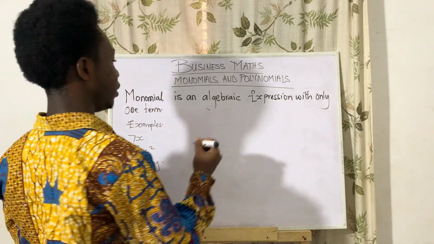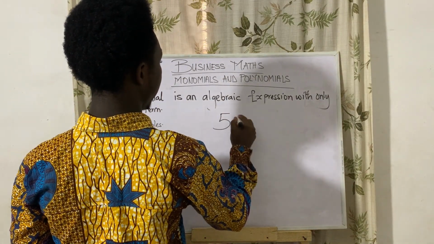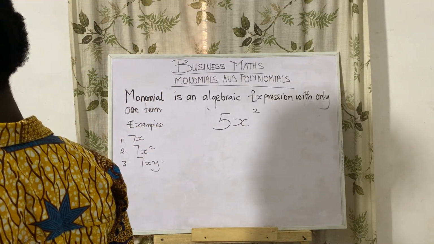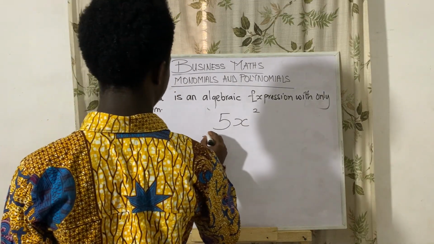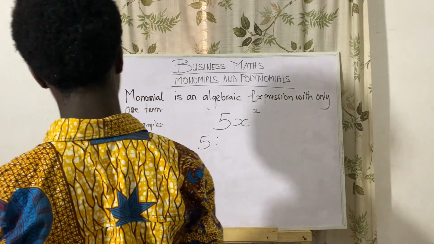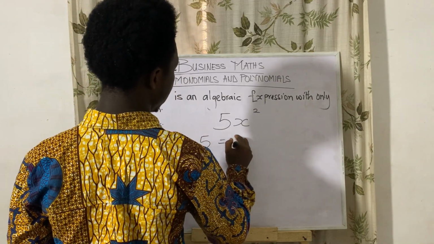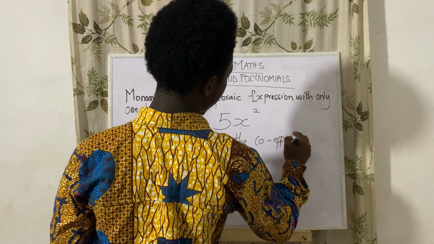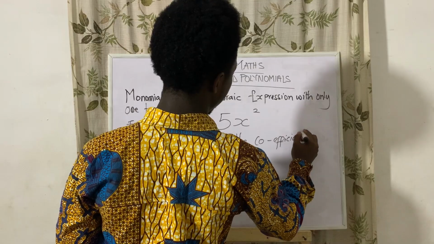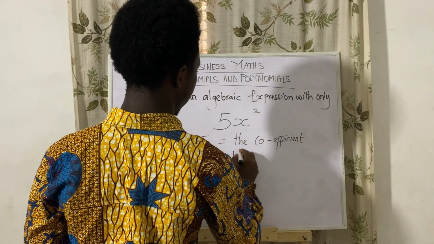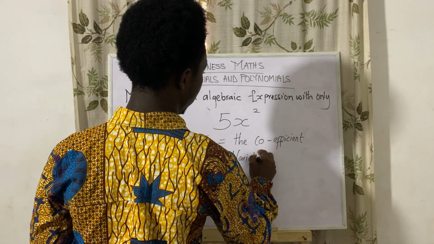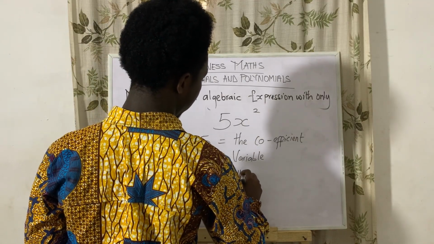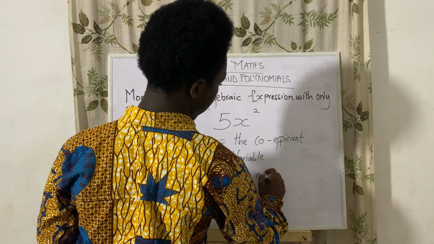Now let's look at this. We have 5x raised to the power 2. Over here, the 5 becomes the coefficient, the x becomes the variable, and the 2 becomes the whole number exponent.